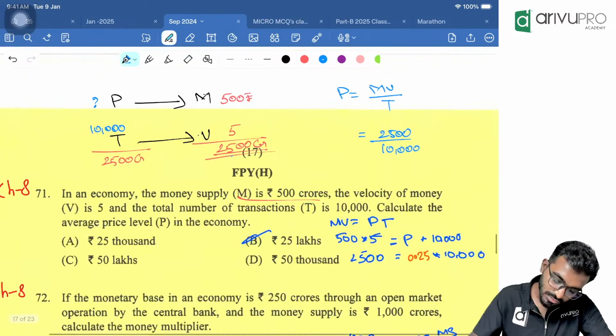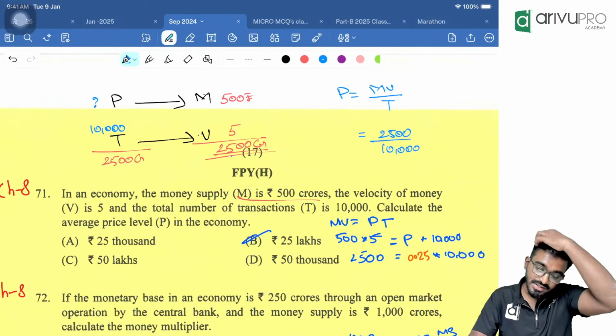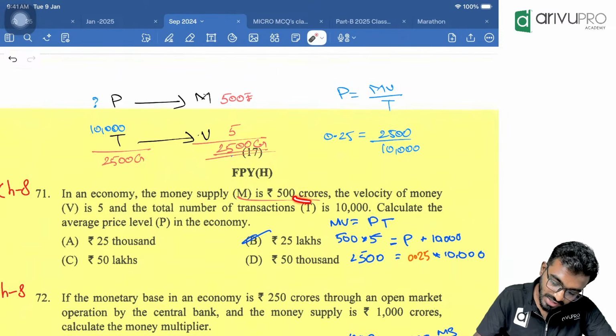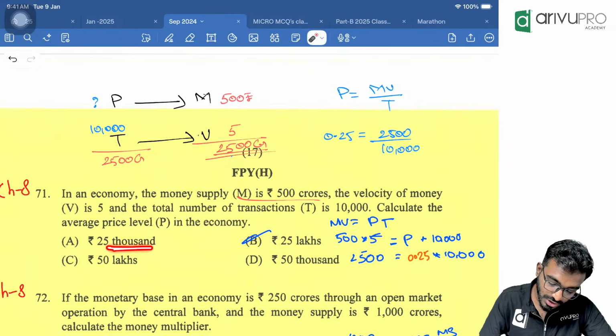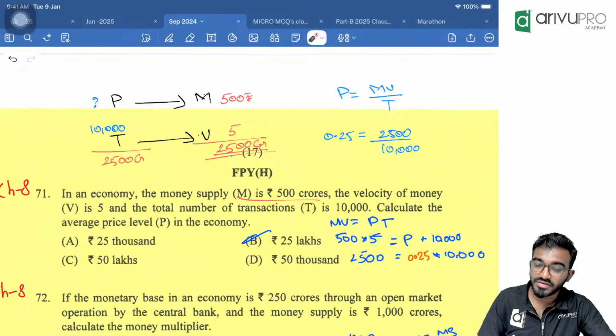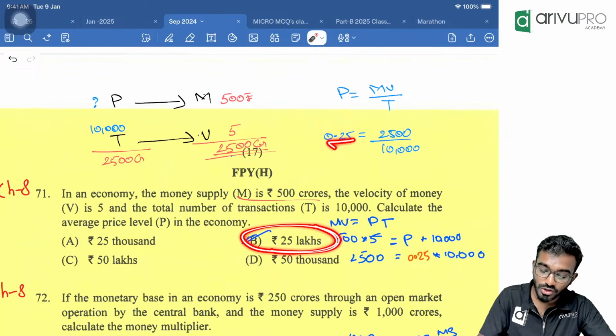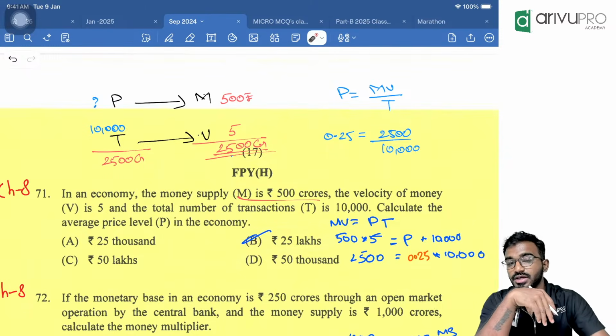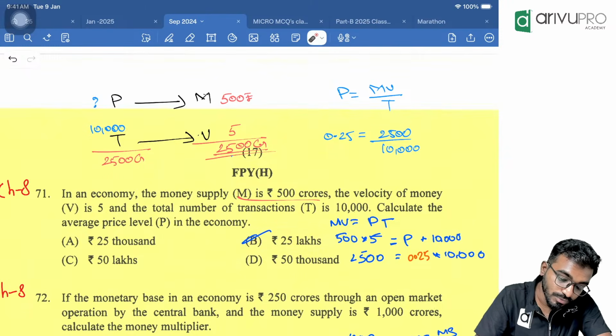So in this case, the answer is 0.25. Now 0.25, and observe, in the question they have given in terms of crores, but options are in thousands and lakh. We need to reduce it to the decimal value. From crore, the very first decimal value will be lakh. So 0.25 crore is 25 lakh is the answer. So like this, the numerical questions will also come from MV is equals to PT.